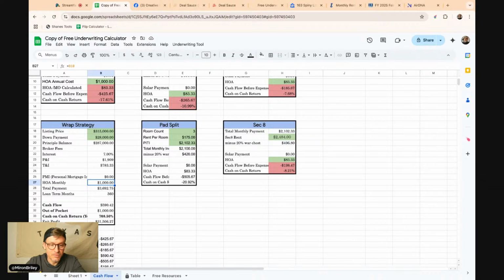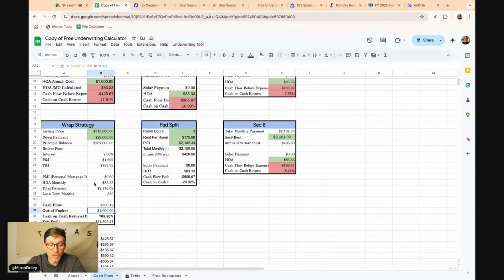That's not true. B10. Okay, this should be B11. So their total payment is 2776. Give them a 30-year loan. So on this wrap, we'll make like $600 a month.